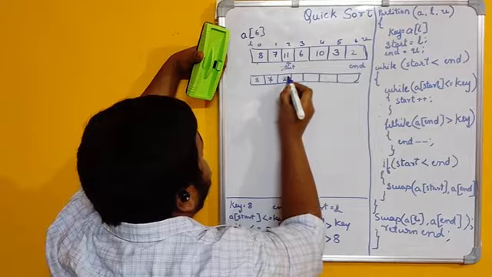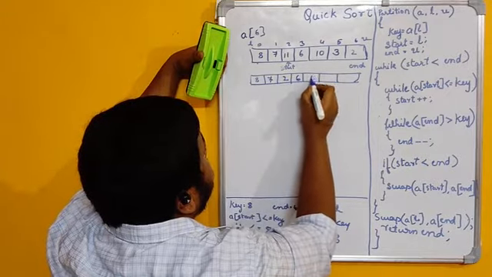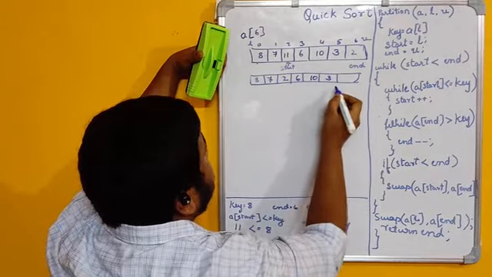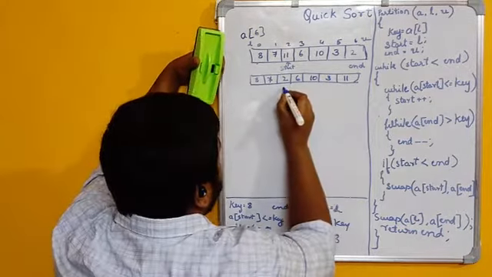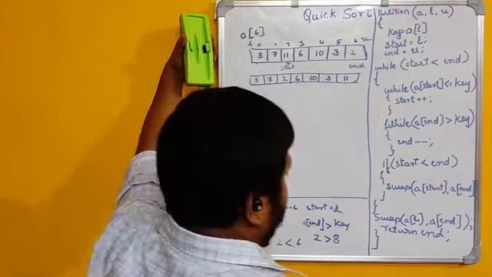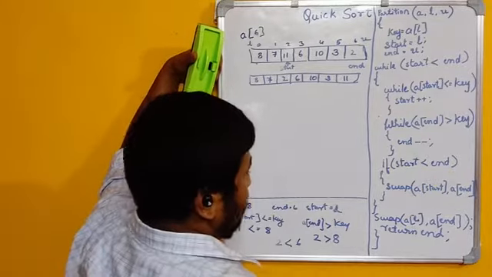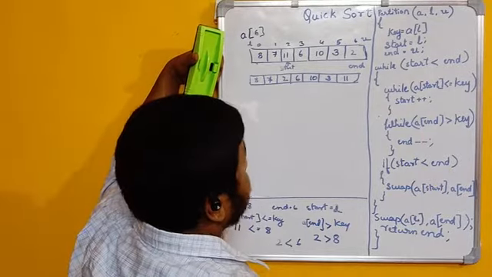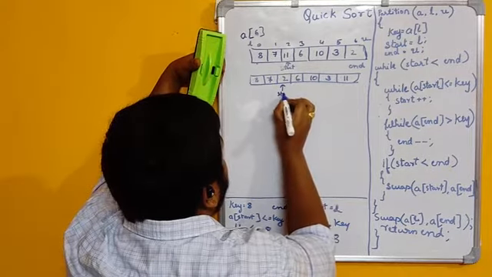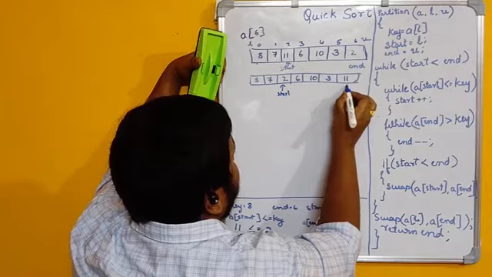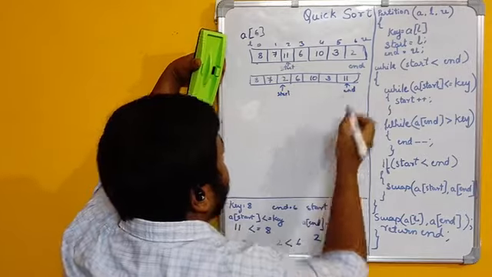So 2 will come here, then 6, 10, 3 and 11. And now where is our start? Our start is still here, and end is still there only.